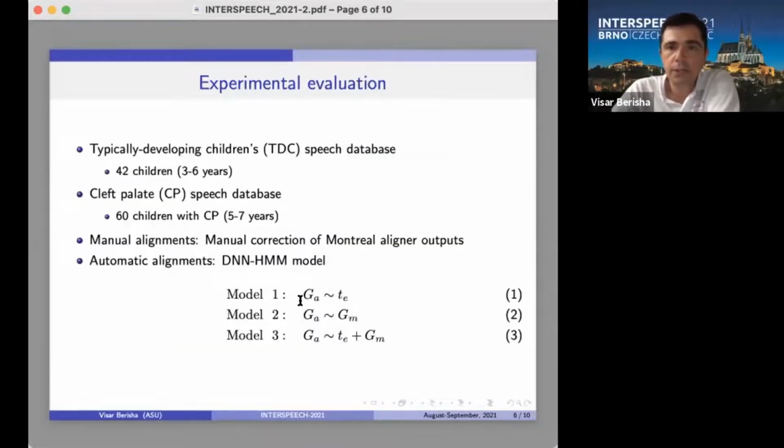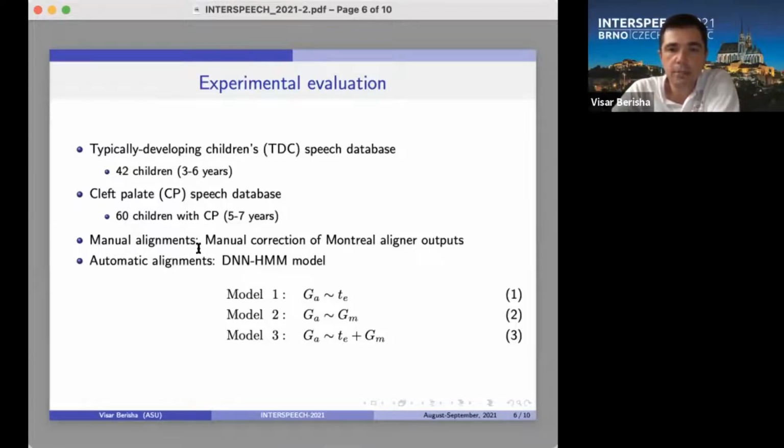Now, to evaluate and to decouple their impact, we look at this on two separate corpora. So we look at a corpus of typically developing children's speech. It's 42 children between ages of 3 and 6, and speech from kids with cleft palate. So this is a corpus of 60 children between ages 5 and 7 years old.